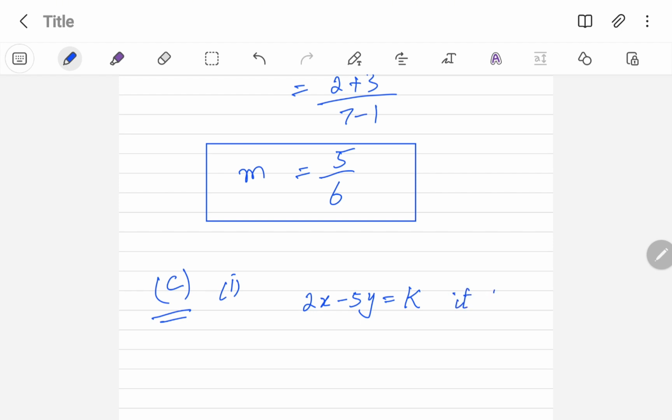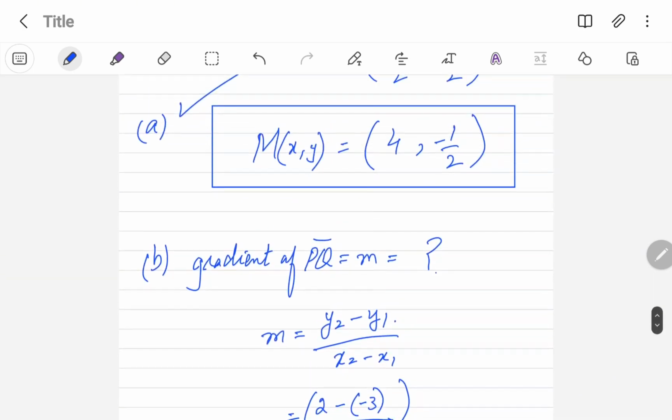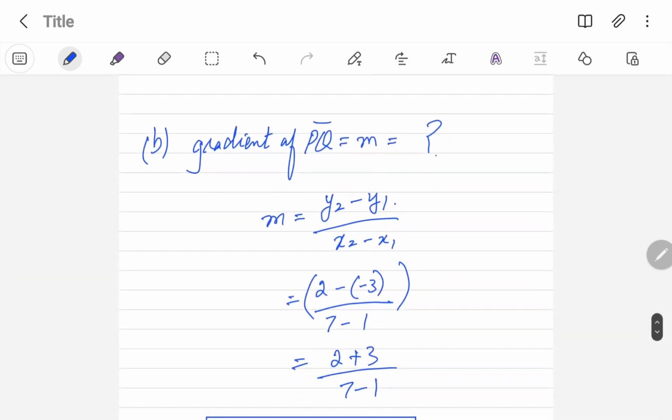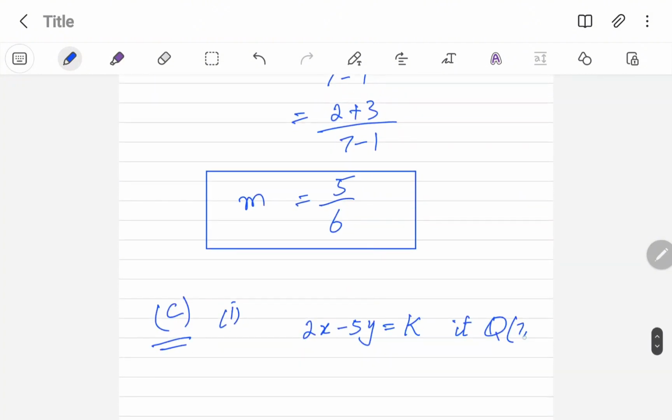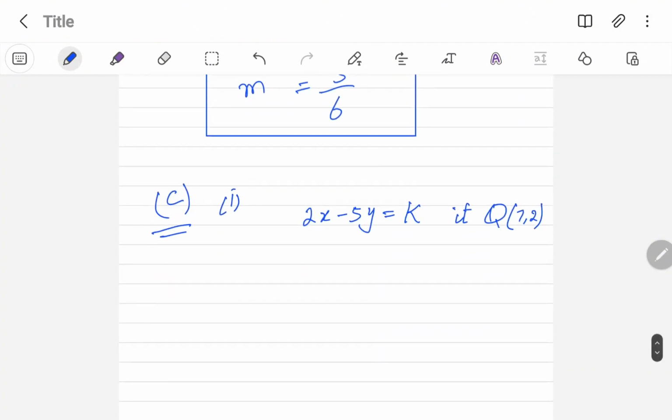It passes through the point Q. Q has the coordinates 7 and 2. Q point 7, 2 lies on this line.